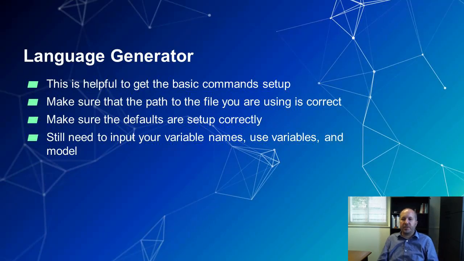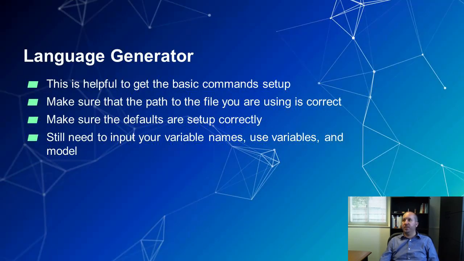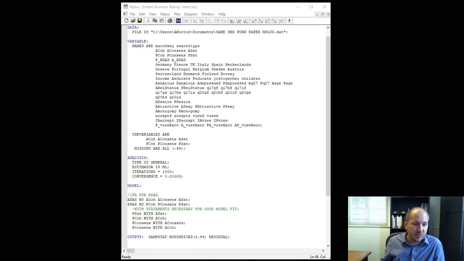The last thing I'm going to talk about is the language generator. I'm going to go back one real quick. If you click this M+ button here, the first line will say language generator. That's a good way to get the basic structure of the syntax all set up, so that you know the file name is correct and in the correct location, and that your analysis piece is correct.